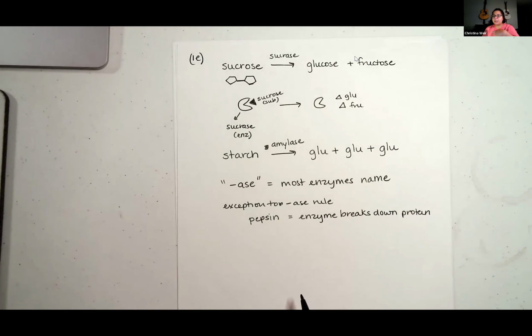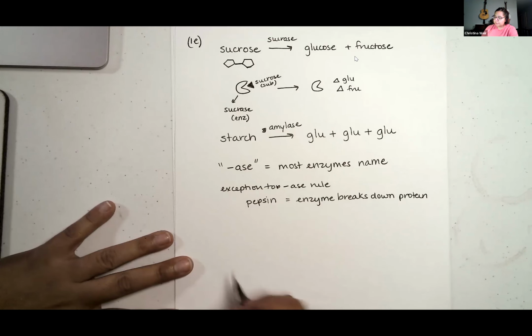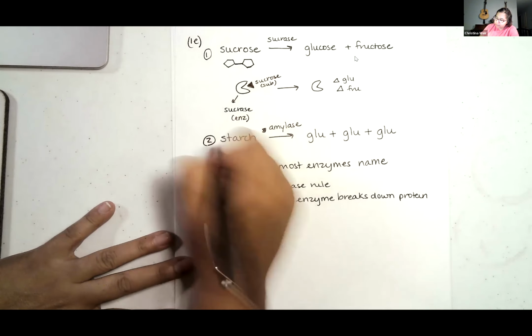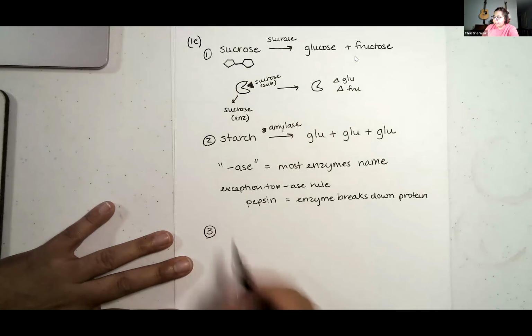So are there any enzymes that build? And the answer is yes. There are some enzymes that build. If you remember earlier, I was talking about the ADP ATP cycle.